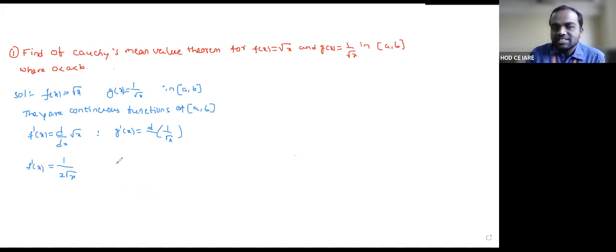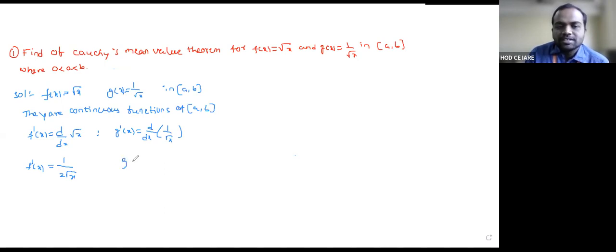Next, g dash of x, d by dx of 1 by root x.